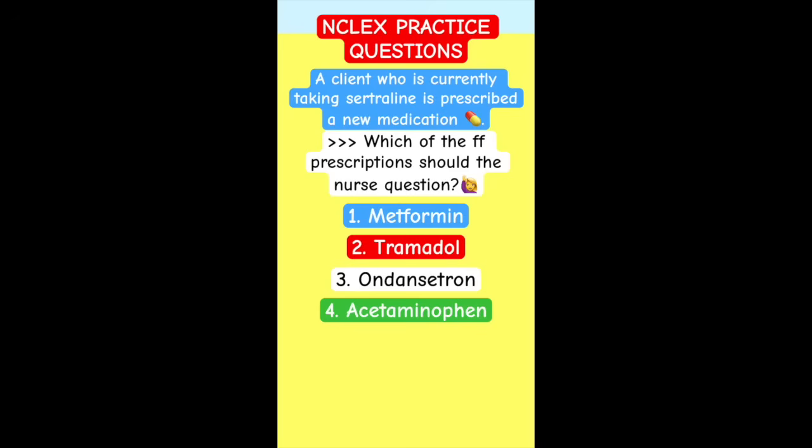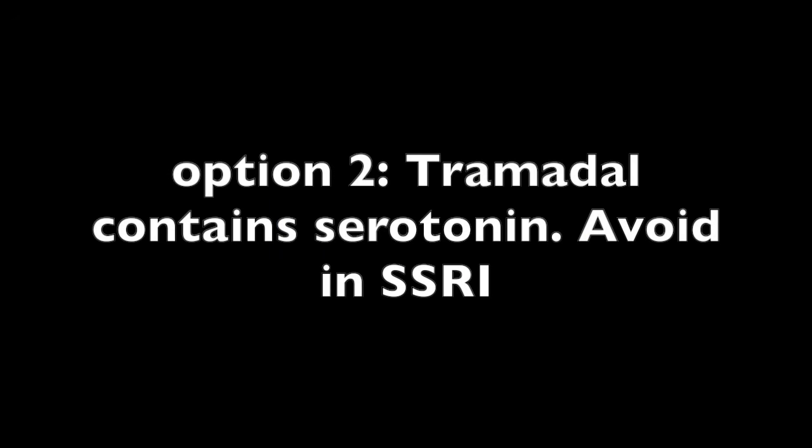If you are the nurse taking care of this patient, or you saw this on your NCLEX or nursing school or ATI, and the question is, the nurse is caring for a patient who is taking Sertraline, all of a sudden a new prescription is being provided. Would the patient be able to take any of this medication while on Sertraline? I know you know the answer. Put it down in the comment.